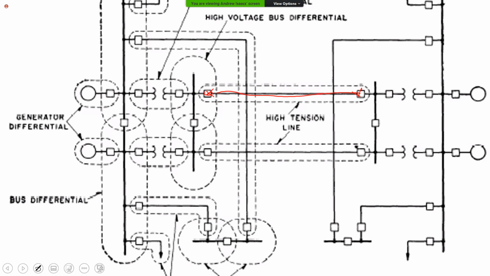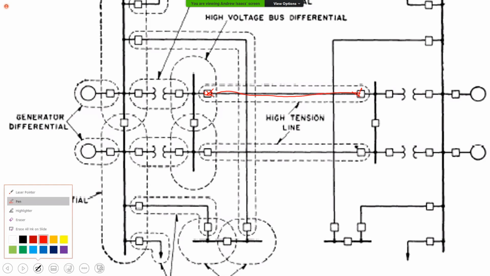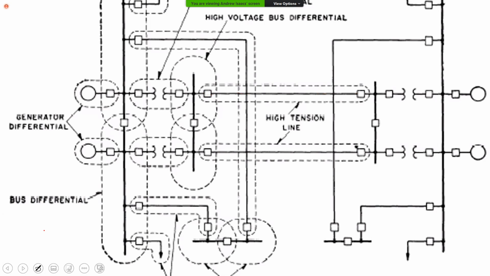All right? Now, this dotted line is going through the relays that would control these breakers. So that's why it goes beyond the breaker. Are you with me? So this would be a zone.